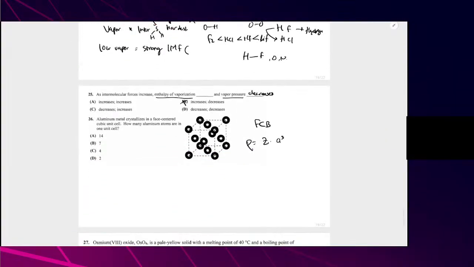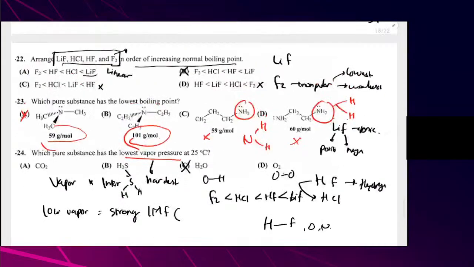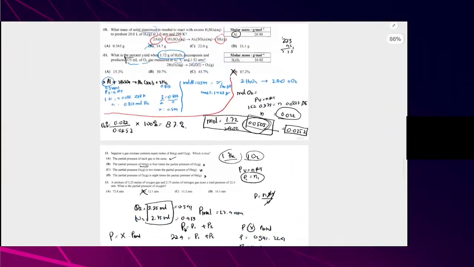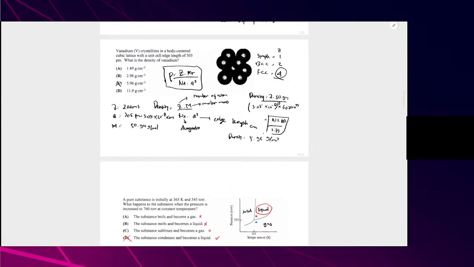So how to remember this one? Z M, and then N A, and over here is a cubed. So this is FCC, right? FCC, so the Z is 4. BCC is 2.